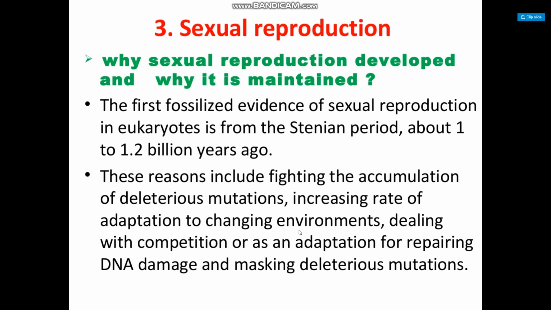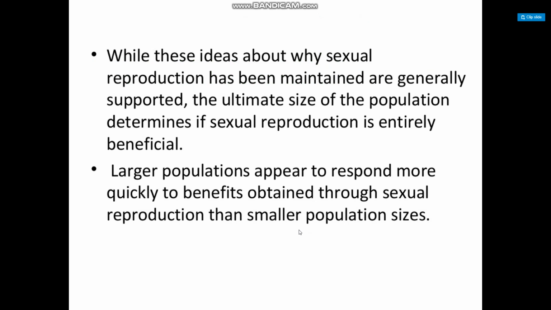Sexual reproduction. Why did sexual reproduction develop and why is it maintained? The first fossilized evidence of sexual reproduction in eukaryotes is from the Stenian period, about 1.2 billion years ago. The reasons include fighting the accumulation of deleterious mutations, increasing the rate of adaptation to a changing environment, dealing with competition, or as an adaptation for repairing DNA damage and masking deleterious mutations.